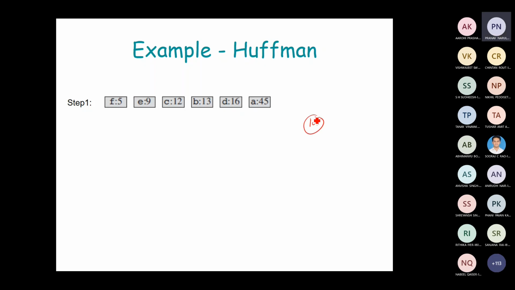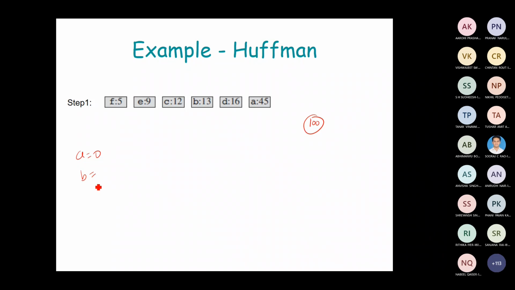Should I tell the tree or the code first? Tell me the codes.